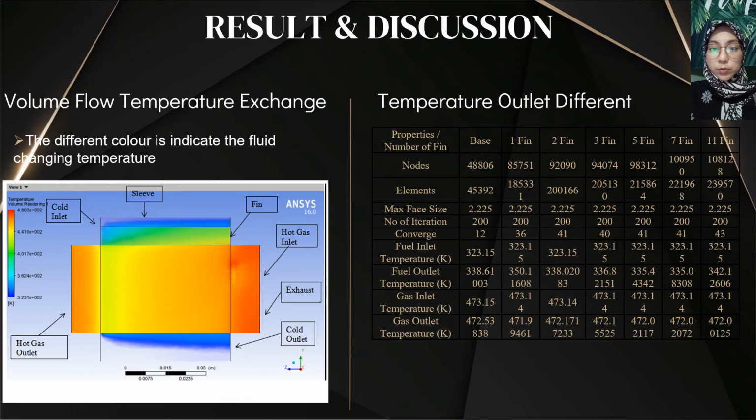The dark red shows the temperature of the gas is high compared to the hot gas outlet that turns to lighter red with some orange color. The simulation result shows that the cold region, which is biodiesel, is slowly changing temperature from cold to higher temperature, and vice versa with the hot region, which is hot gas.